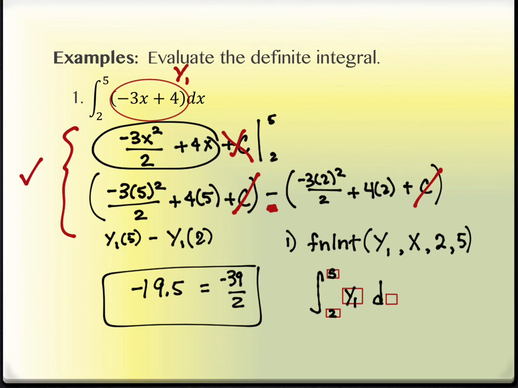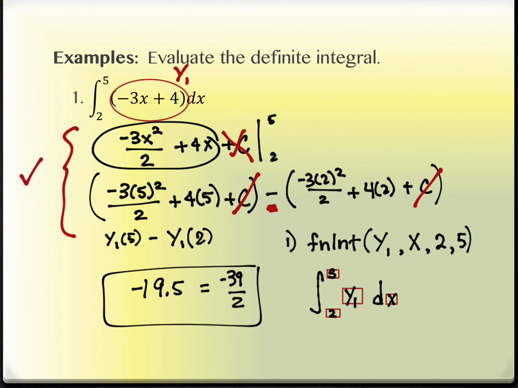Remember, you get y1 by doing vars, y vars, function y1, and then you put an x at the end. So you're just filling in all of that symbol form to match the original one that we started with. And when you press enter, it should also tell you negative 19.5. Does it? Yes. Okay. So that's option 2 for seeing how this works.